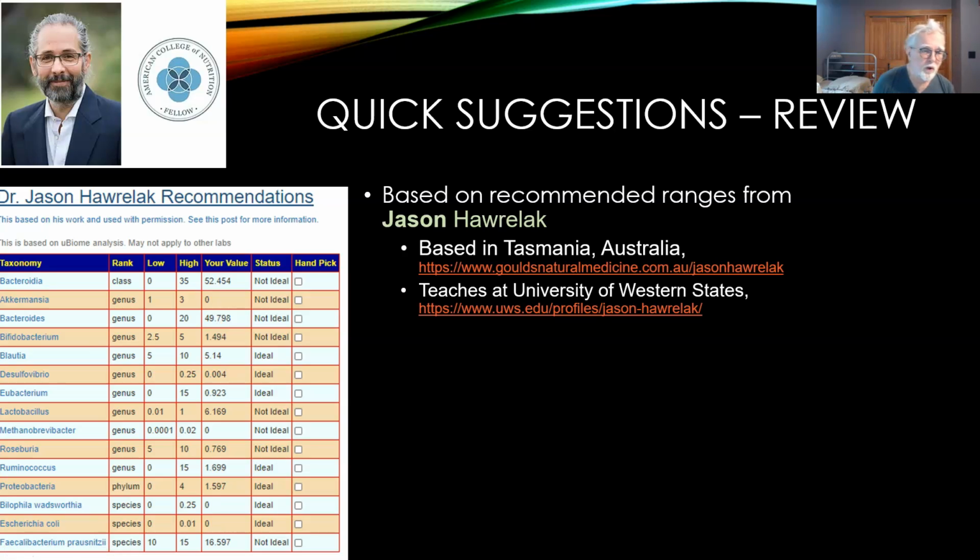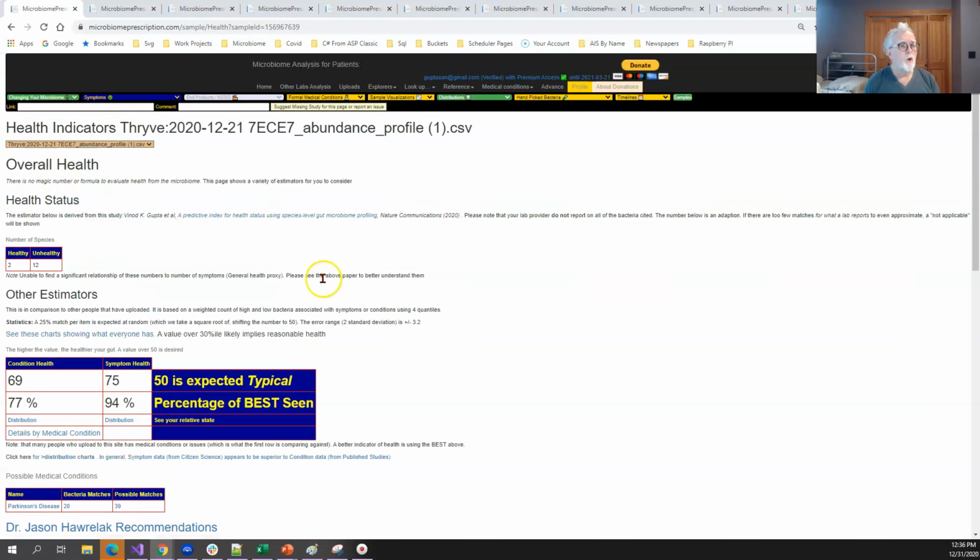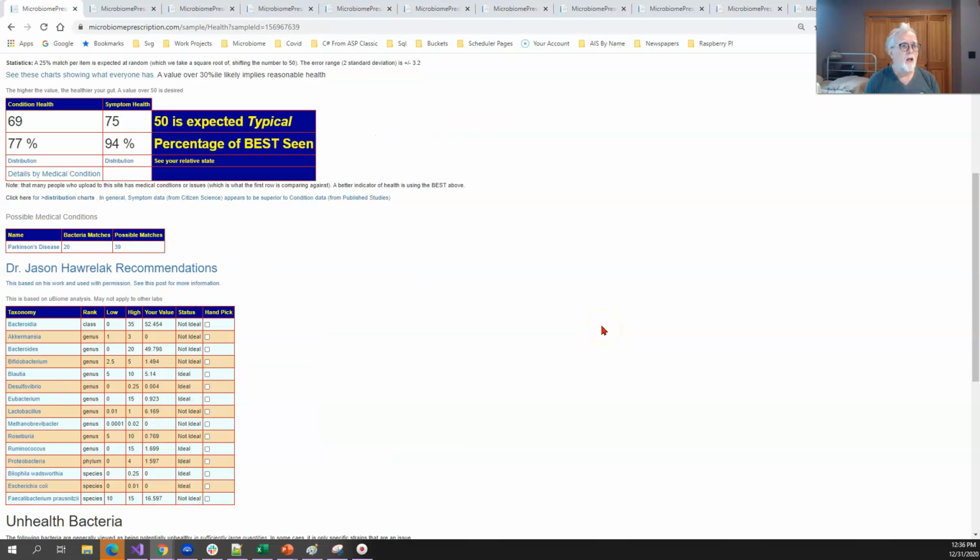So let's go over and take a look at where we find this information on the site and where we get suggestions from it. Again, for changing your microbiome, it is under health analysis, which does a variety of ways of trying to estimate the health. And right here is the one I'm referring to, which is right now pretty good.